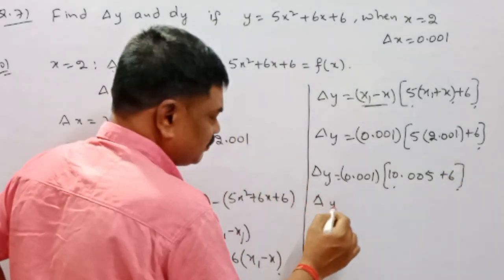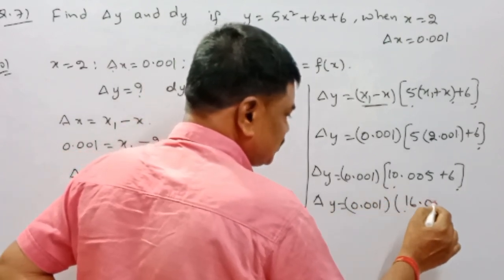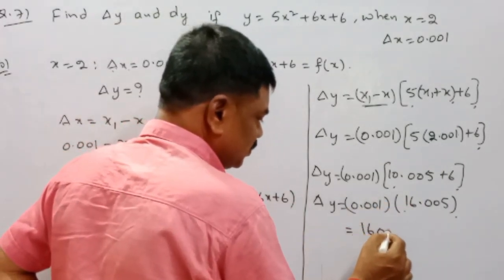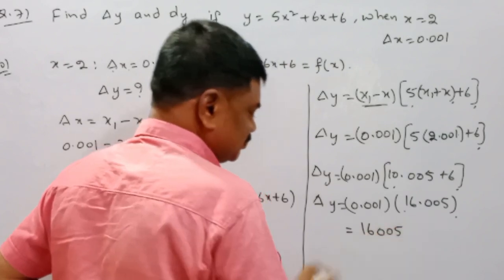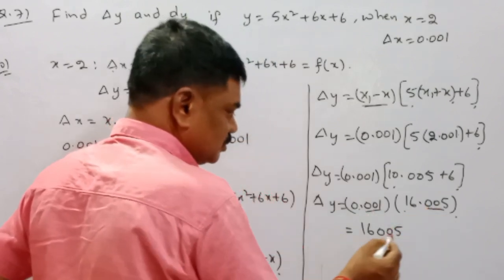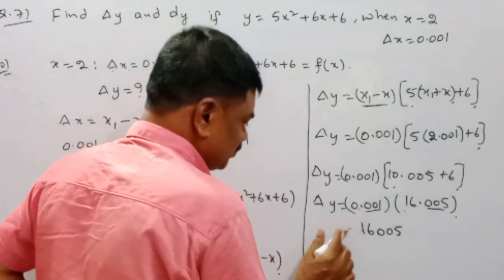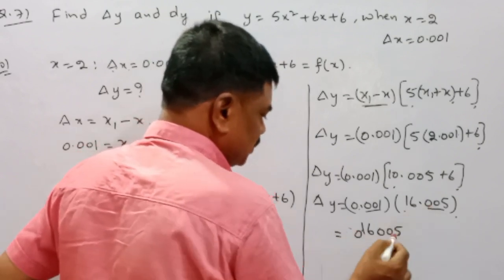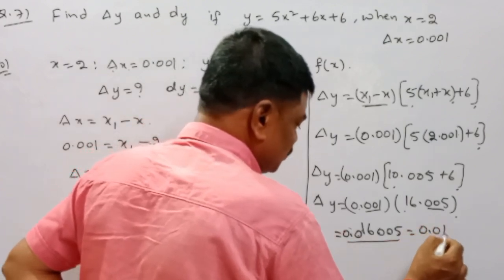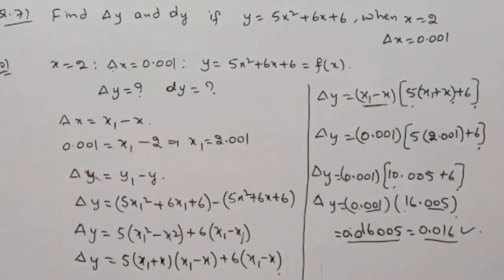So delta y is equal to 0.001 into 26.005. Multiplying this, delta y is approximately 0.026. That is the delta y.